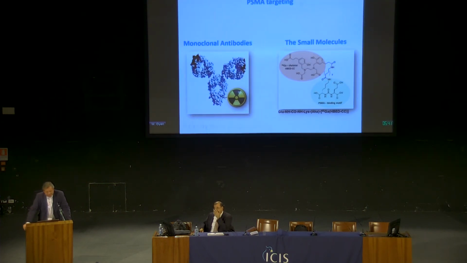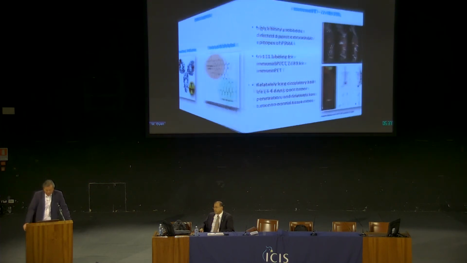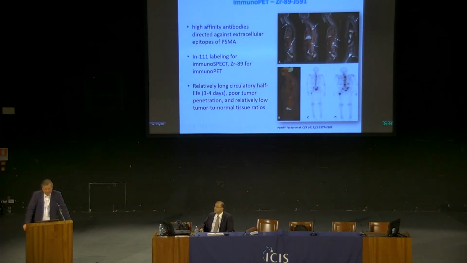So looking at the targeting, it's the antibodies versus the small molecules. The antibodies are pretty attractive because it allows you to assess the dynamics of the PSMA targeting over time. However, it does take time. It takes 4 days to obtain your scans.